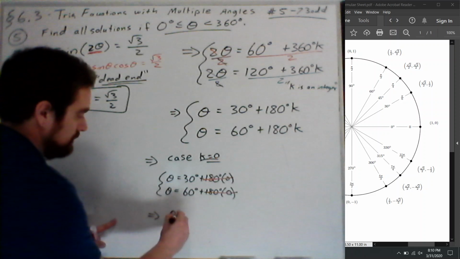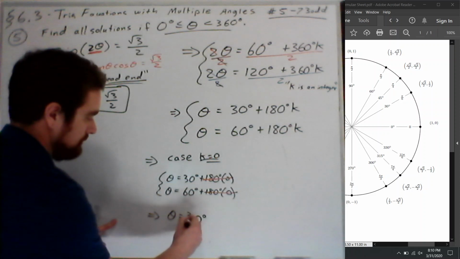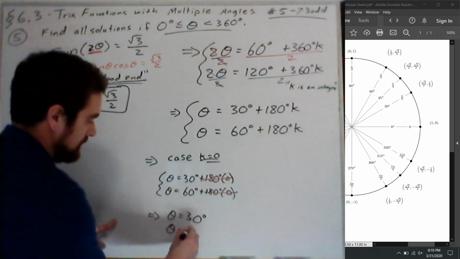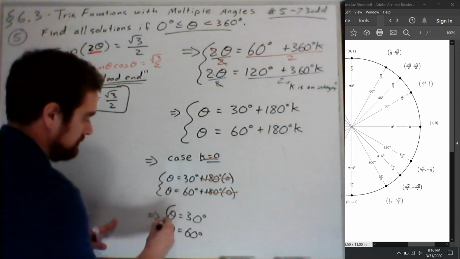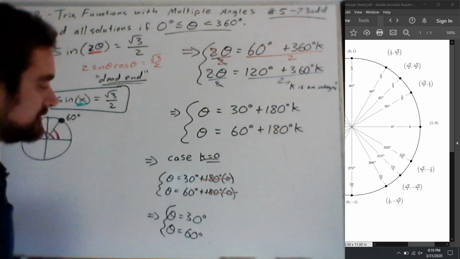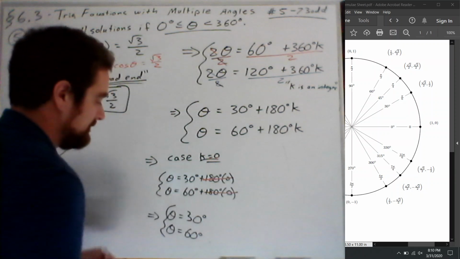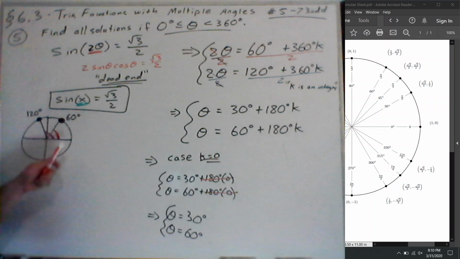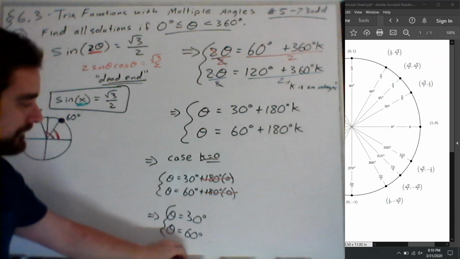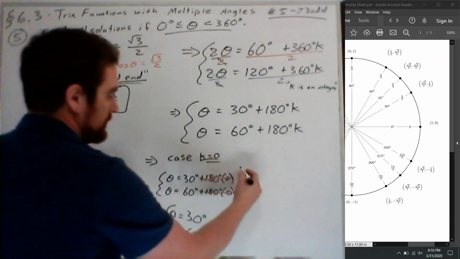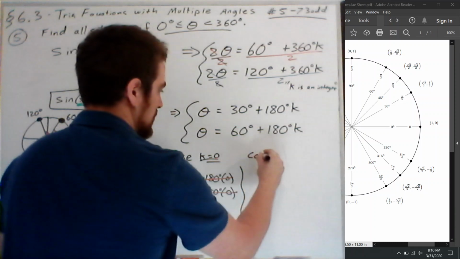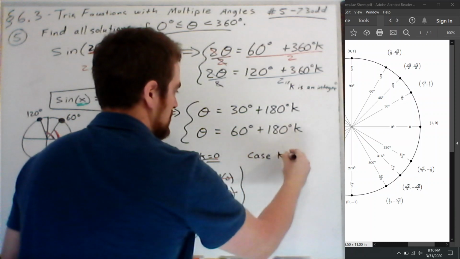So here are some solutions, 30 degrees and 60 degrees. And so there's our first 2 solutions. But again, this function oscillates a lot faster than the normal sine function. So I'm going to pick up some more solutions when I look at the case where k equals 1.